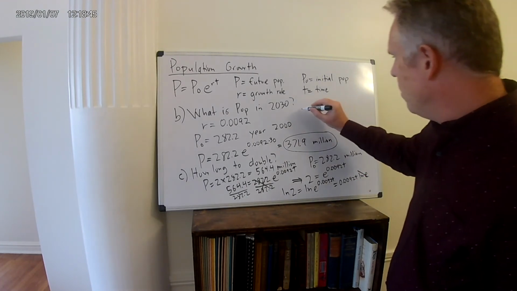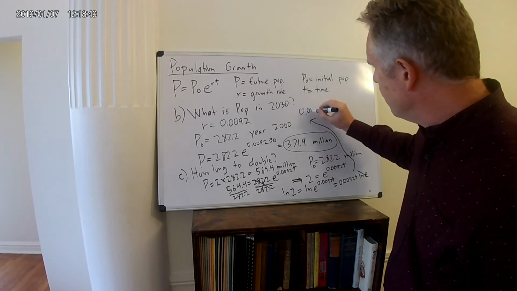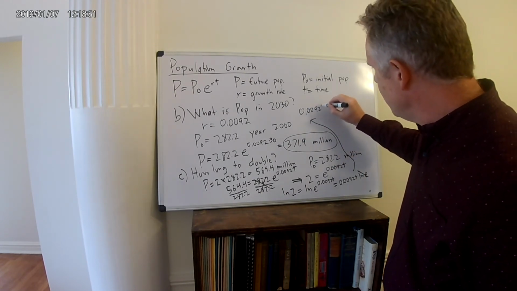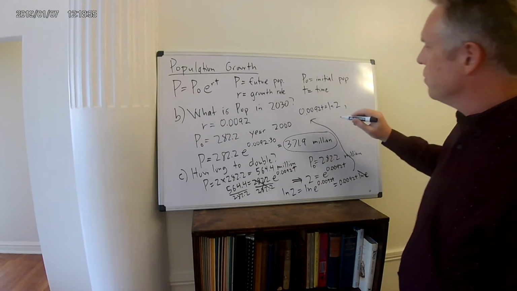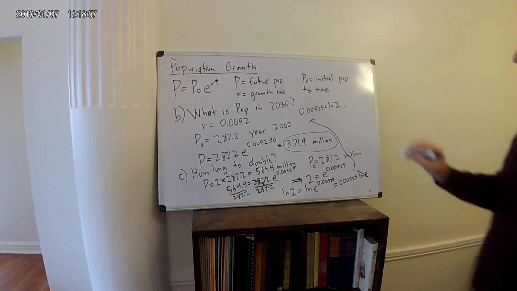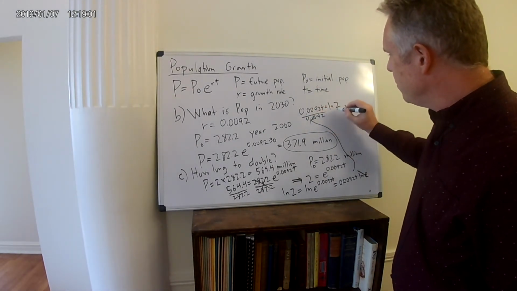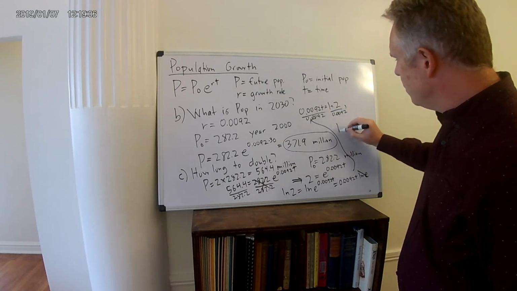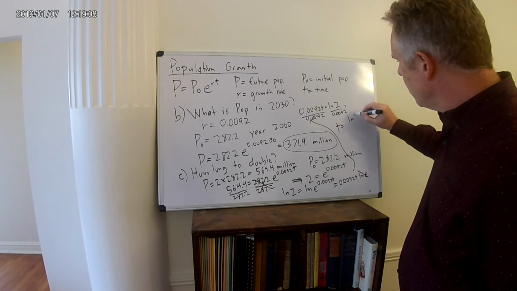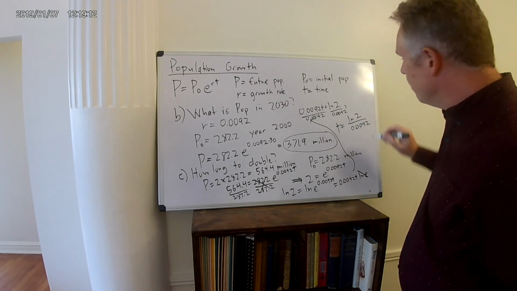So now we have this equation: 0.0092t equals natural log of 2. The final step here is we want to isolate t, so we're going to divide both sides by 0.0092, and we get t equals natural log of 2 divided by 0.0092.